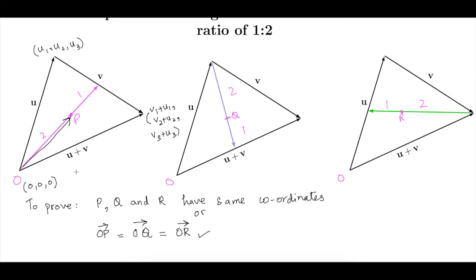Then this median, and this is 2/3 of the median, right? So this point, I can say this vector here, is half V.